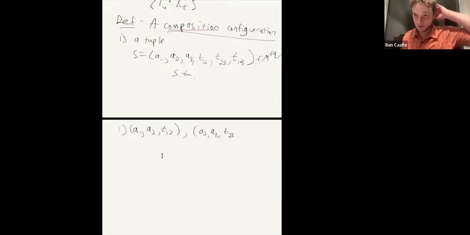I told you this is supposed to represent the composition of two families, and so we should begin with two non-trivial configurations because those represent families. So these are non-trivial configurations, as I just defined.